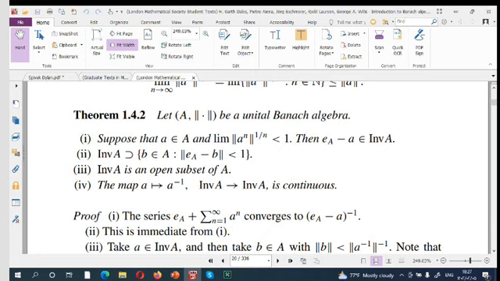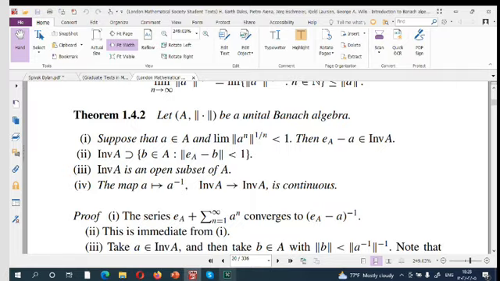I prove this and this for any A in A with these properties. A minus A is invertible, and this set is a subset of invertible elements. Now we want to prove this statement. The set of all invertible elements in A is an open subset of A.